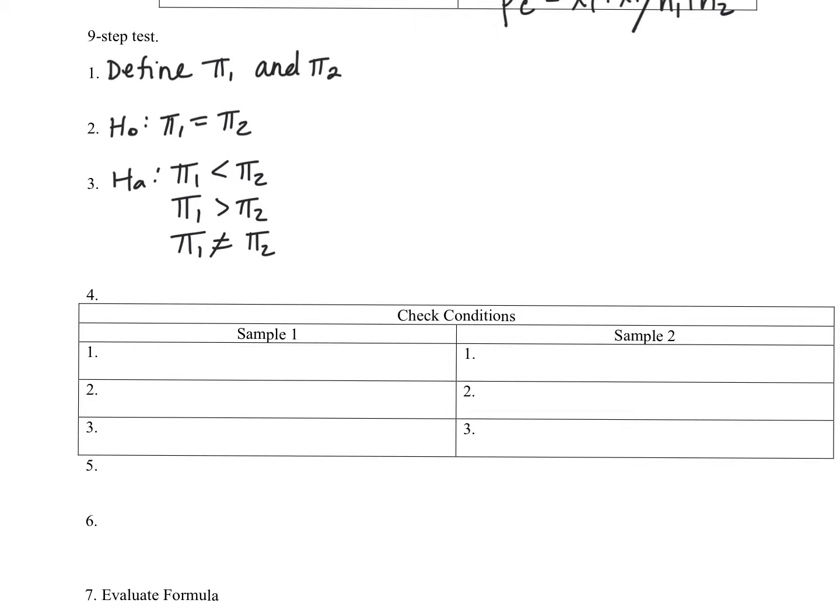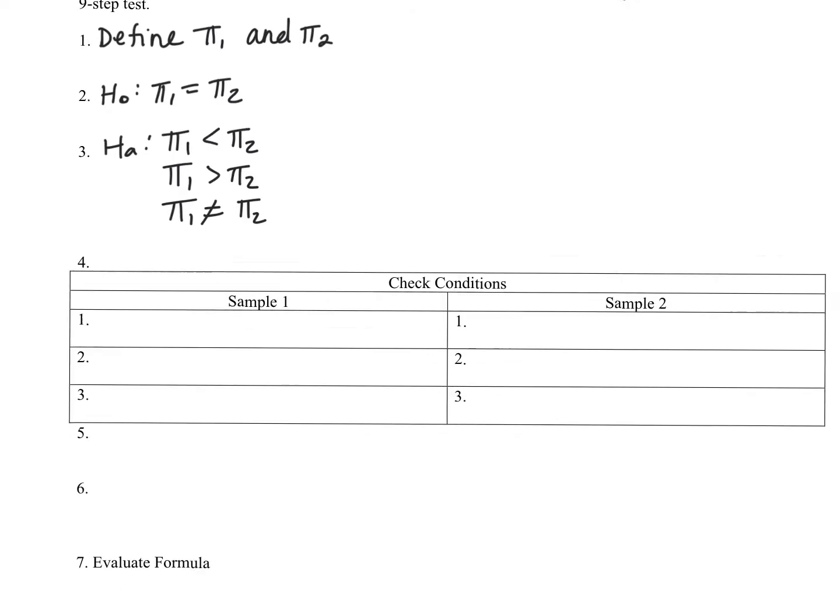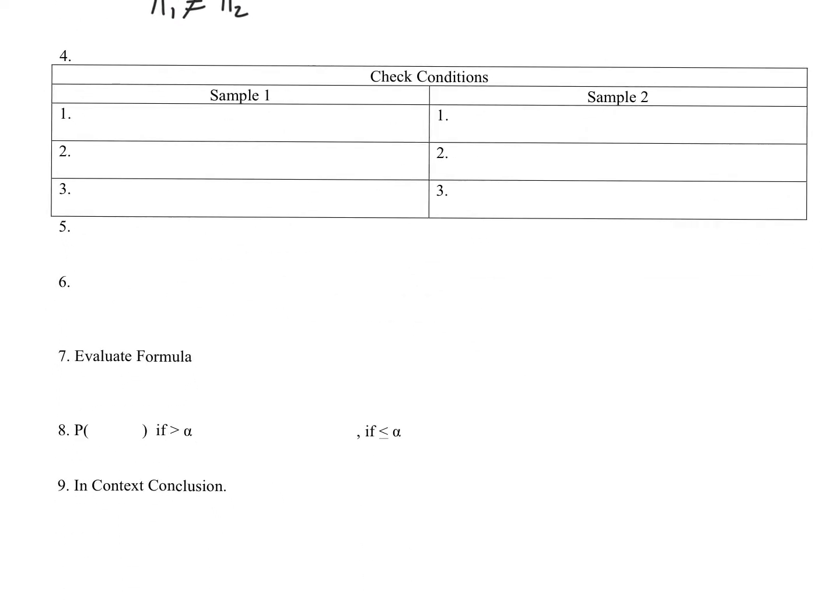For conditions, we do need to check all of the conditions for both samples. And these are the conditions for categorical data. And those conditions are as follows. The samples need to be random. And of course, we have to check for normality.